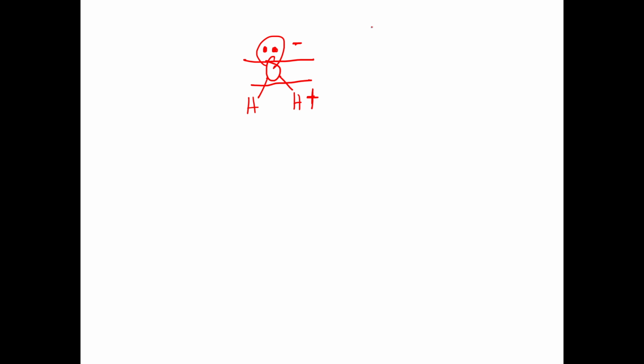What happens if another molecule of water becomes near? The negative portion of this water and the positive portion of the other water molecule will be attracted to each other because they have different charges. Positive and negative charges attract each other.